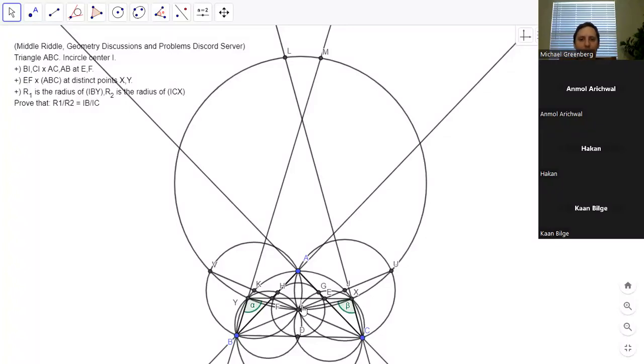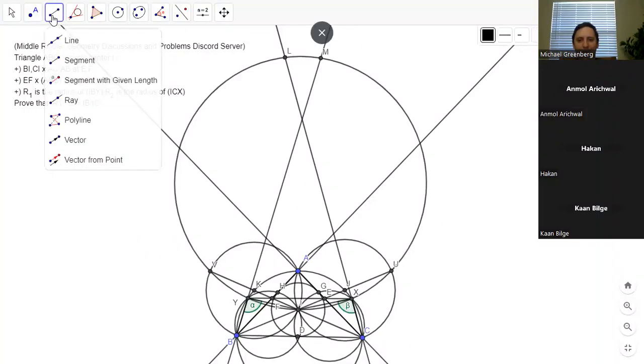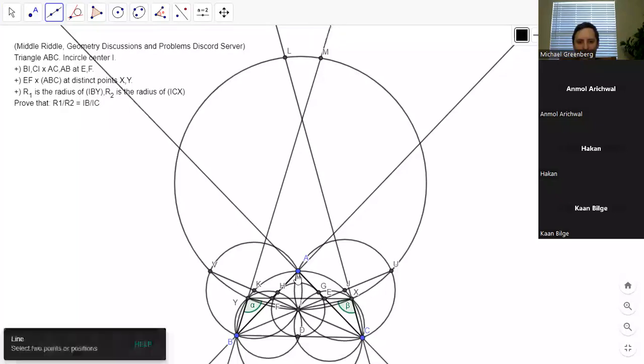Can I add the AX center? Okay, it's going to be a hard diagram, but I could add that.